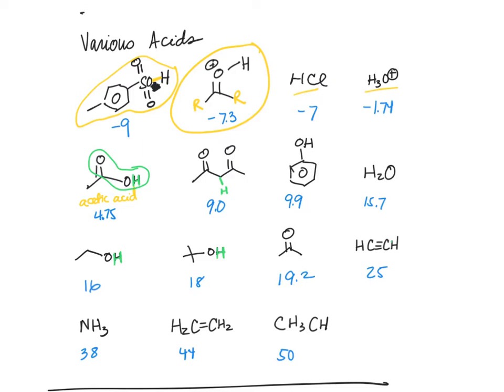Let's just go ahead and draw it. You get a resonance stabilized anion. Let's draw the resonance hybrid. And because of that resonance stabilization, that's why that pKa is so low.